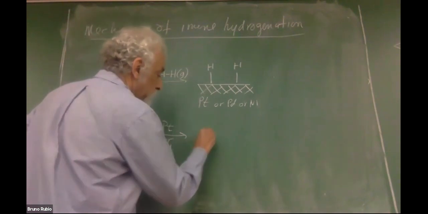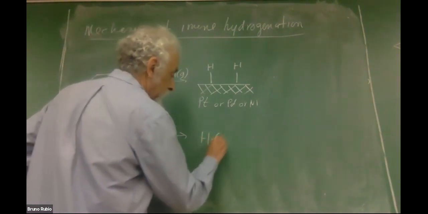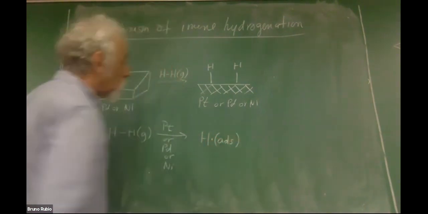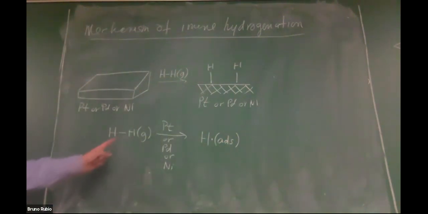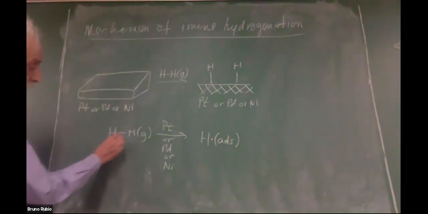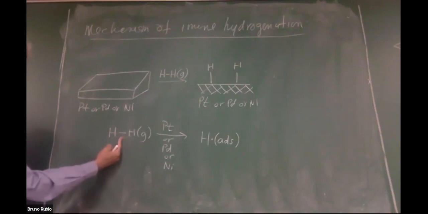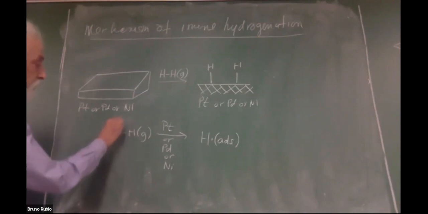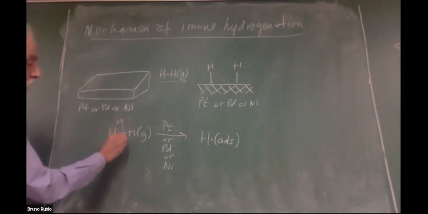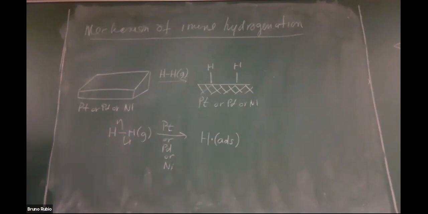So that is represented by this symbol here, H dot adsorbed, meaning that this hydrogen-hydrogen bond was 2 electrons. 1 electron goes to 1 hydrogen atom, and the other electron goes to the other hydrogen atom as this bond breaks. So that can be represented by these arrows showing the motion of 1 electron.